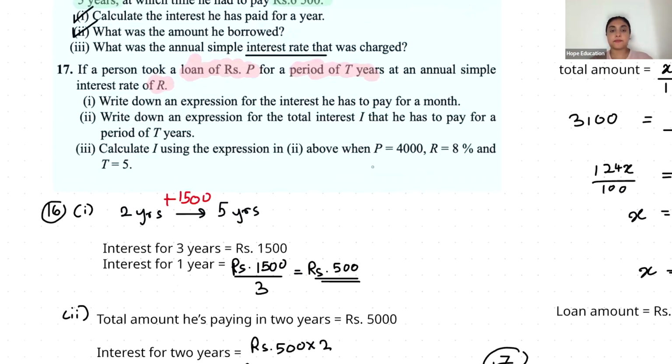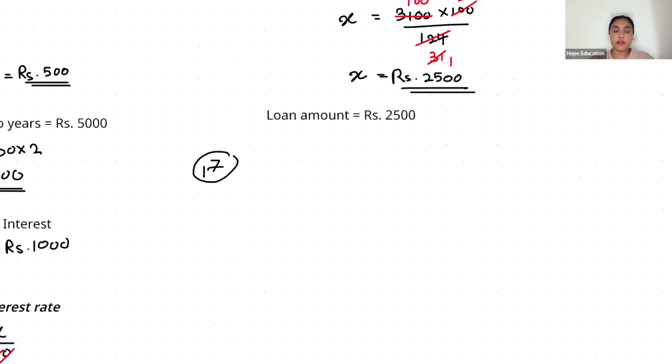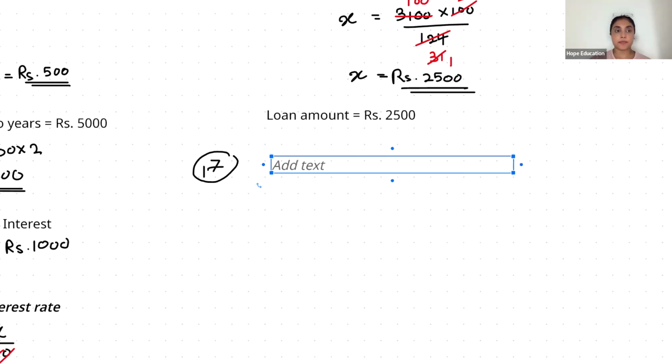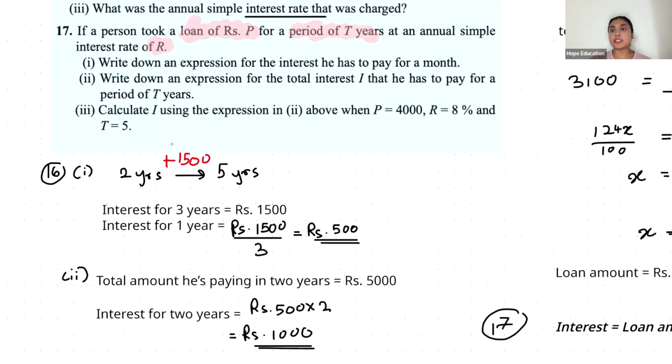Okay, let's see. We know already interest is, you take the loan amount and you multiply by the interest rate. Now here loan is rupees P, right?